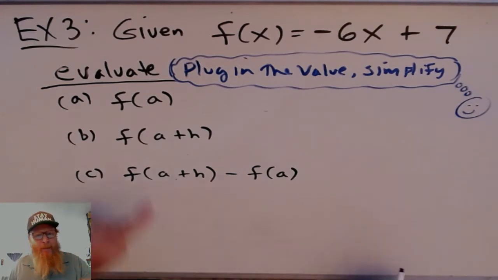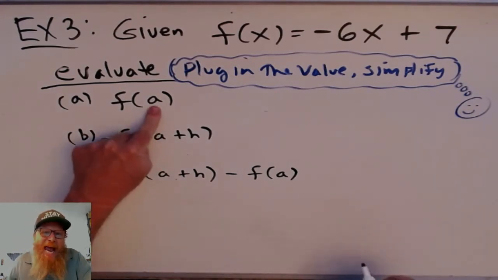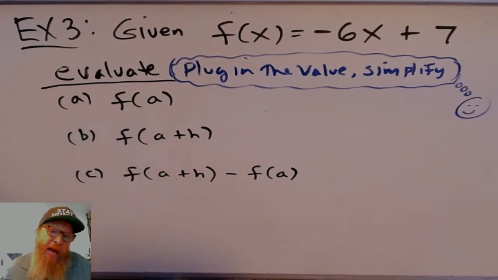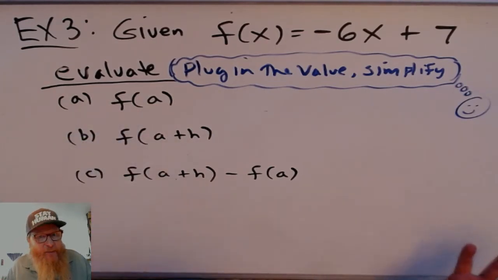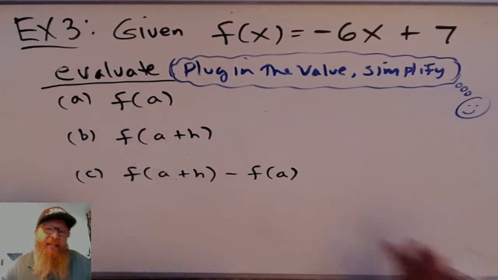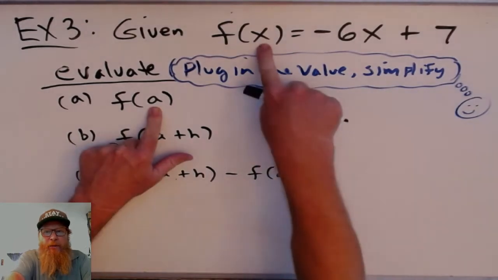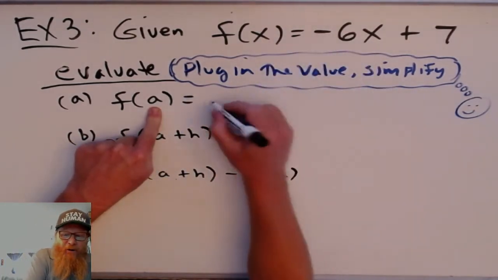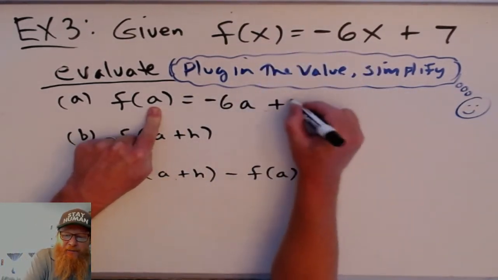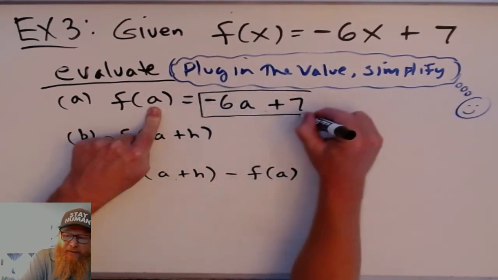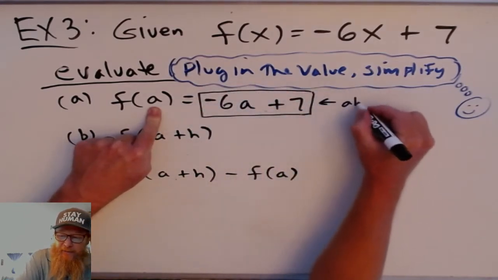Okay. So the value that I'm plugging in is a. All right. You might think a doesn't look like a value, but it is. A is a value. A means any value. So we're going to replace all of our x's with a. And that's it.